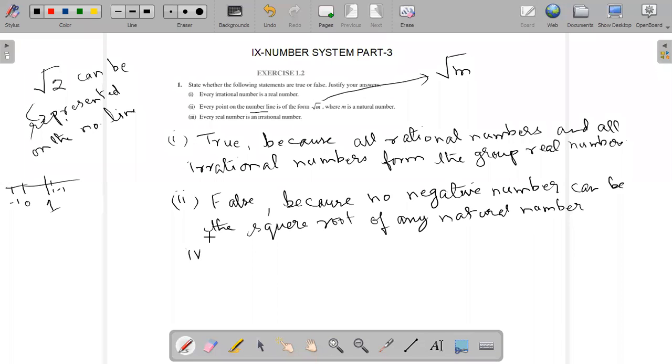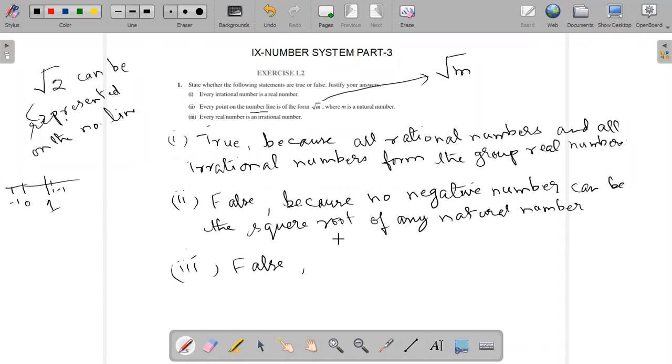Now the third question: every real number is an irrational number. This is also not true, because every real number is not an irrational number. Some are rational, some are irrational numbers. So this statement is also false. Why?